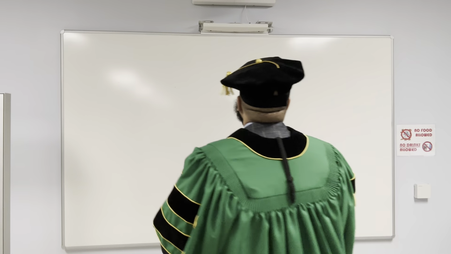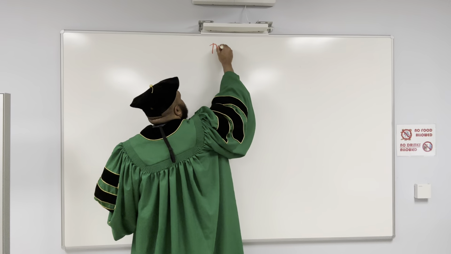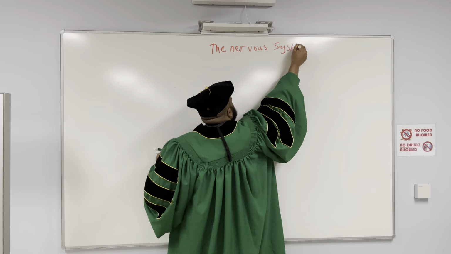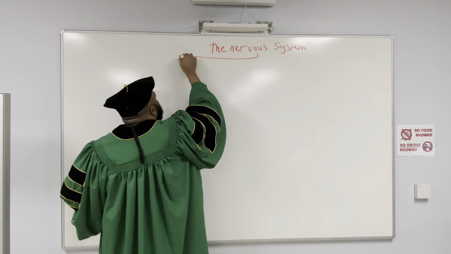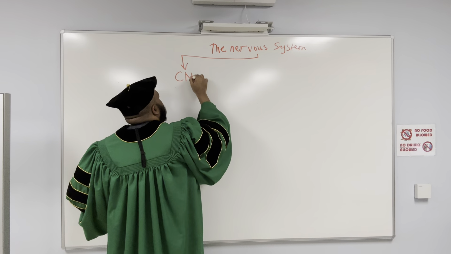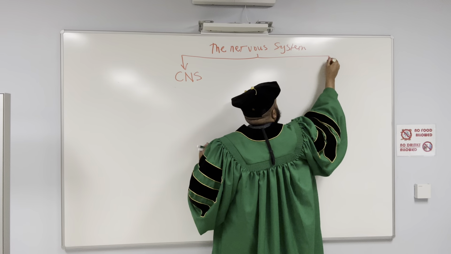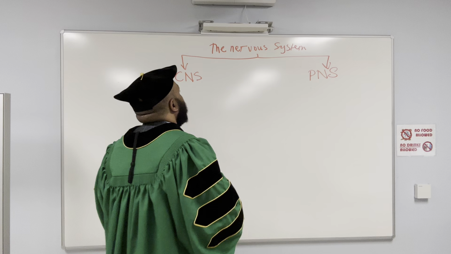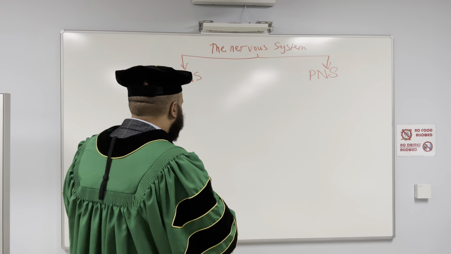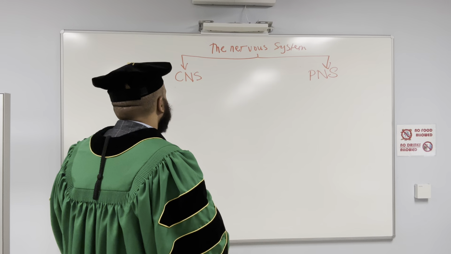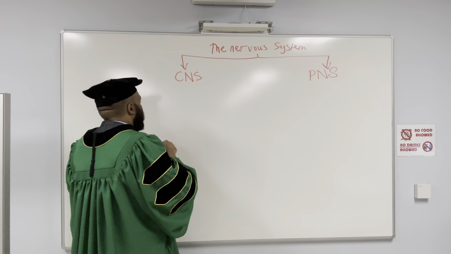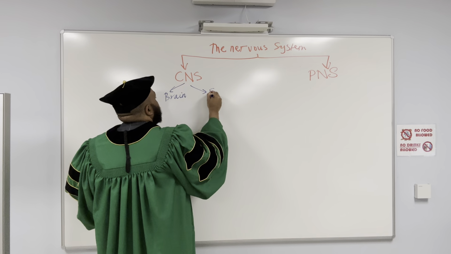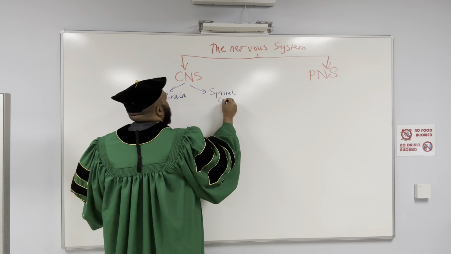Okay, we said that the nervous system is divided into the central nervous system and the peripheral nervous system. And the central nervous system is your brain and your spinal cord.